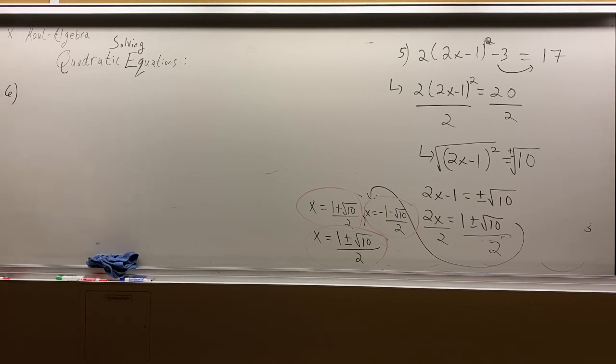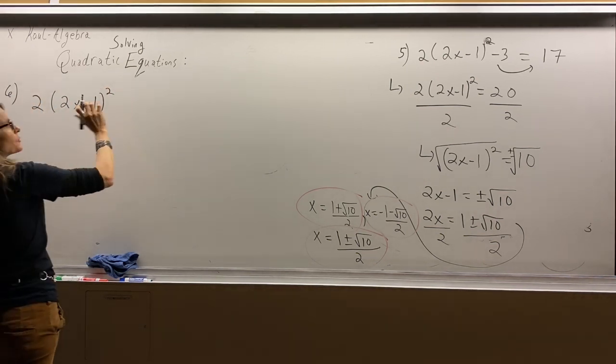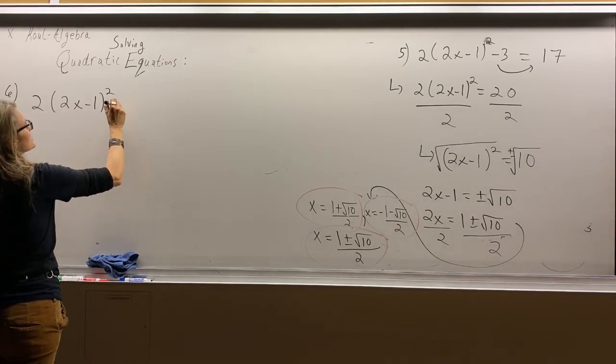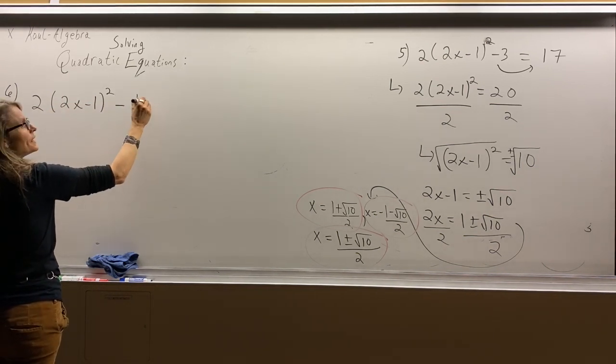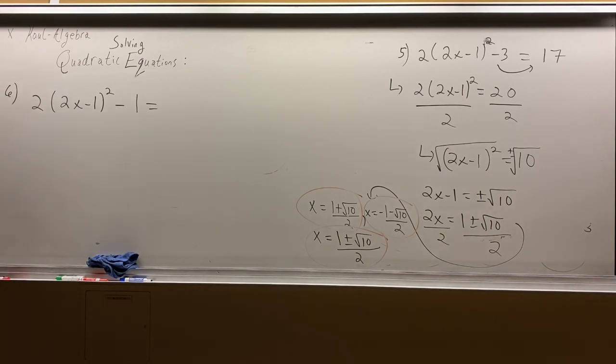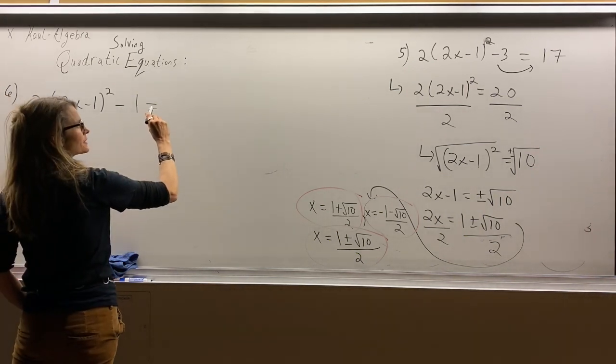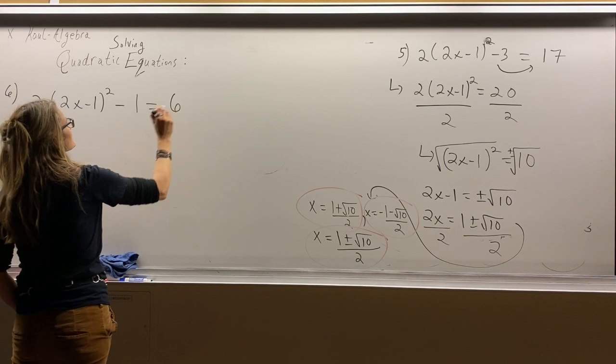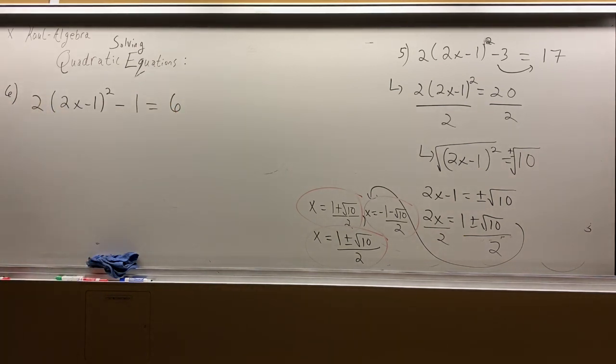And let me see, I'm going to go ahead and do, don't forget my square this time, 2, and then I'm going to subtract maybe 1 and have this equal to what I want to add here is 6.